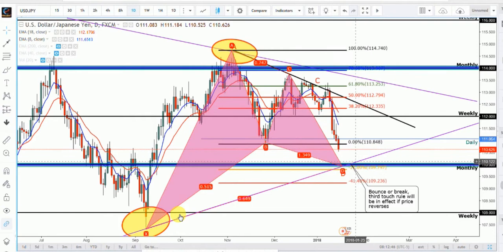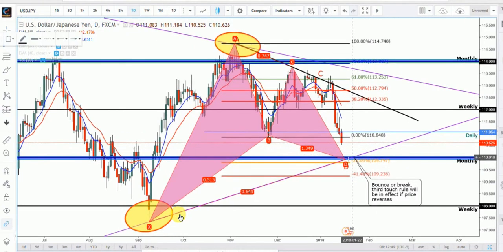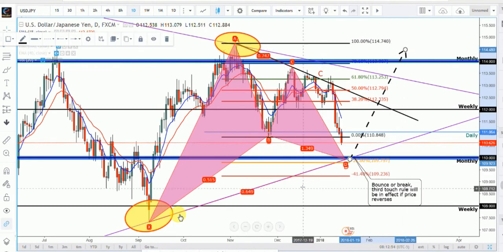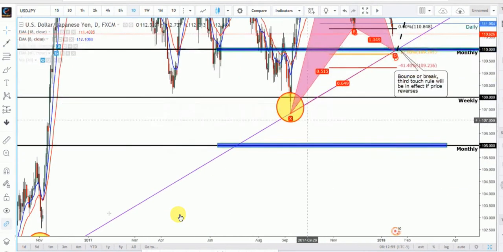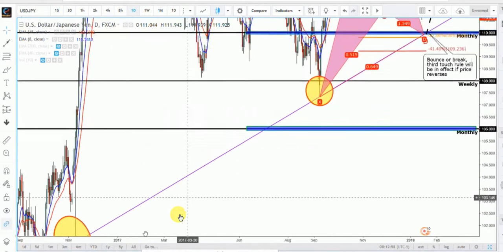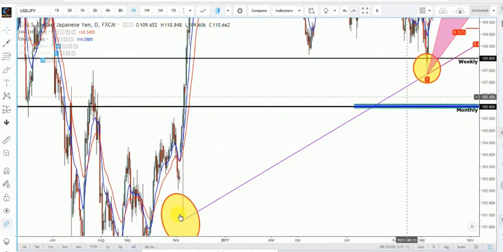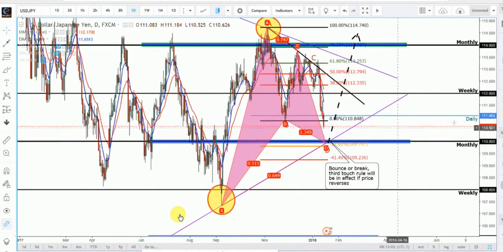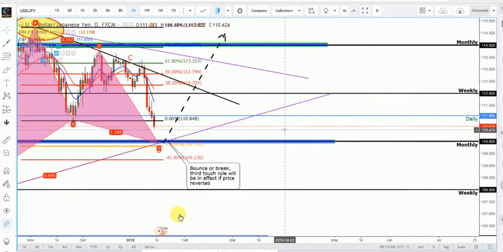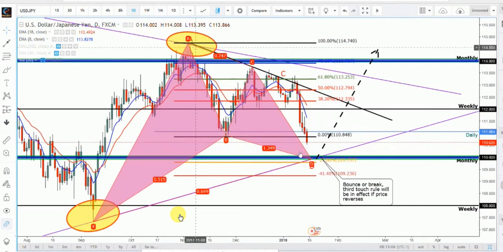When we get down here, I'm going to be watching to see if we get some sort of reversal pattern and back up to the upside, because we are using that third touch rule. Quite a few confluences are lining up. We have a nice little bullish Gartley forming up. I like the ratios, they're coming out real nice. Looks good.